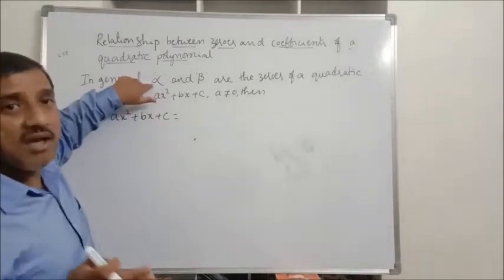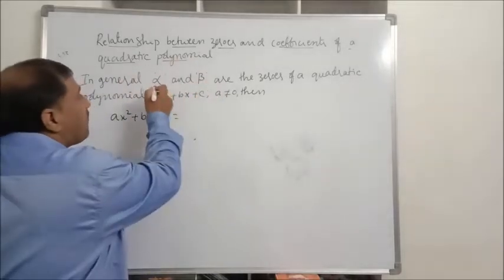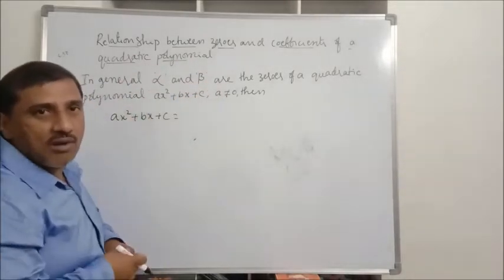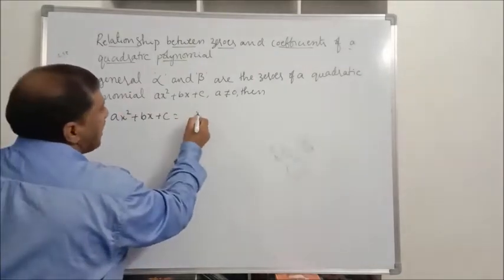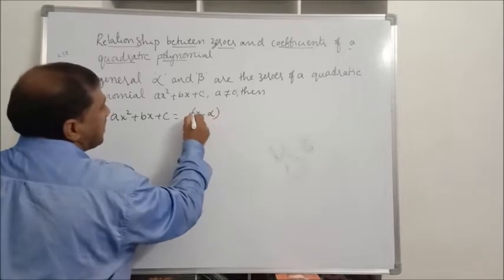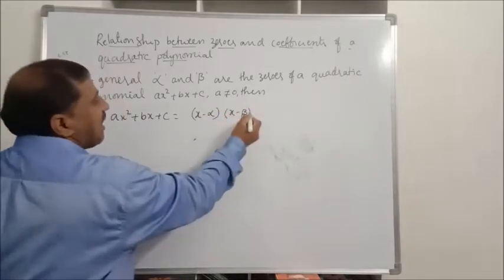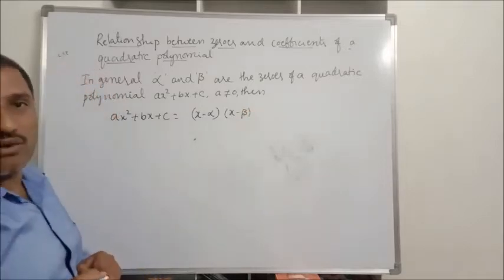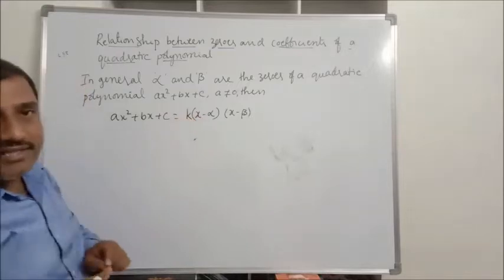Using the factor theorem, x minus alpha is one factor and x minus beta is the other factor, and both are multiplied with a constant term called k. We studied this in the 9th class.